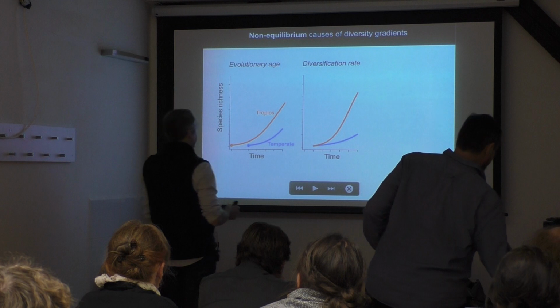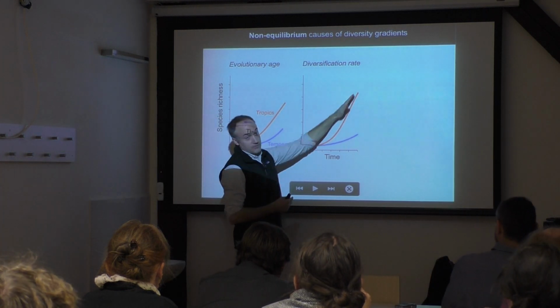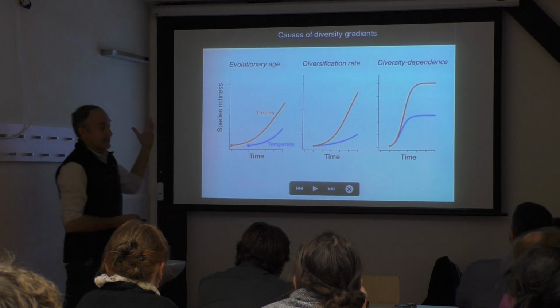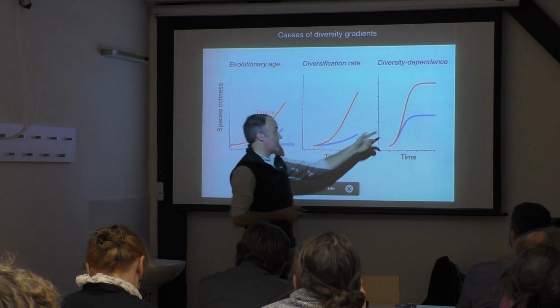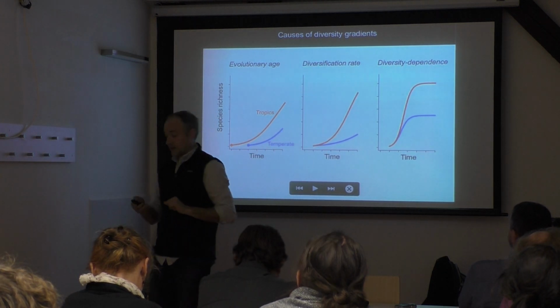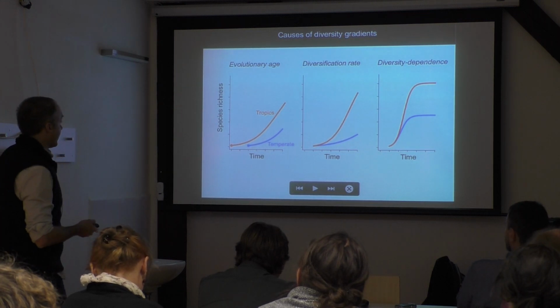It will get steeper because the tropics will continue to accumulate even more species, or because they'll accumulate species diversity even faster. Now, the equilibrium model right here does not really predict that the latitudinal gradient is going to change if environmental conditions stayed the same as they are today. So that's why there's an equilibrium versus non-equilibrium approach to thinking about this.